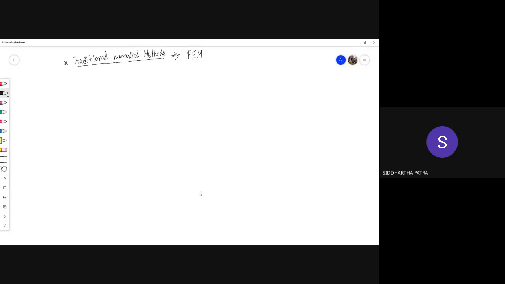So at first, let's start with a differential equation. Okay. And for the time being, let's take the example of a beam element. Sorry, not a beam element, a bar element.